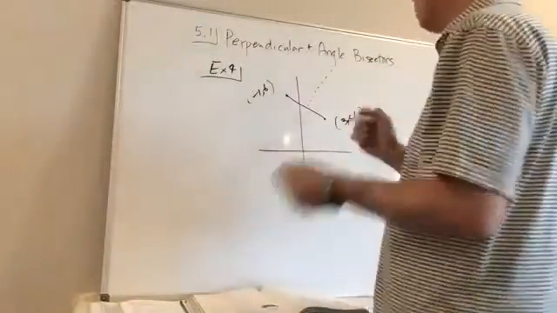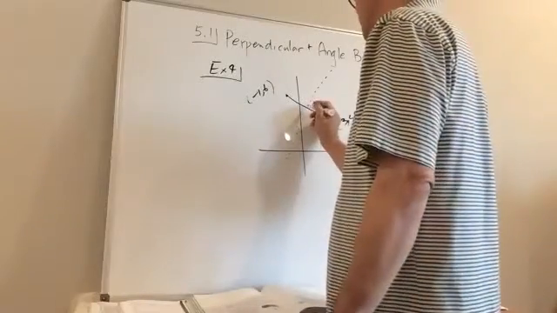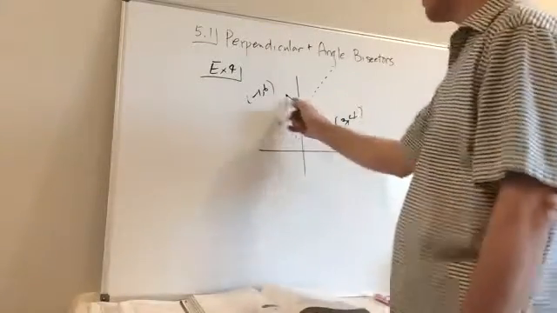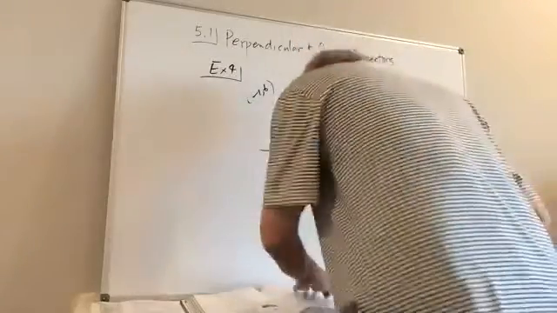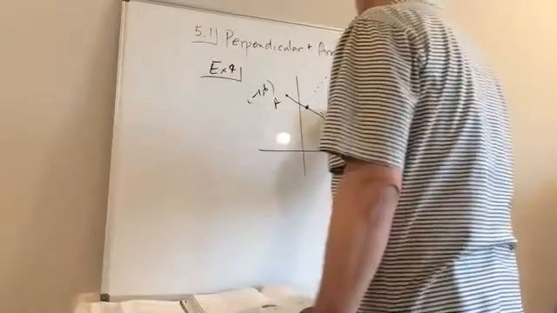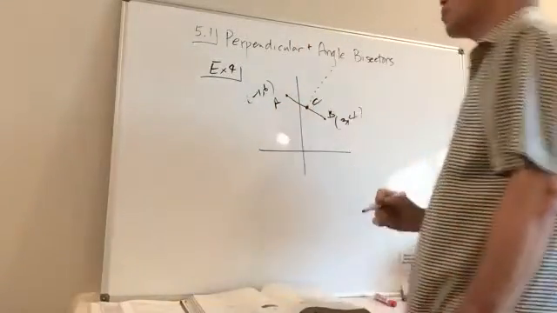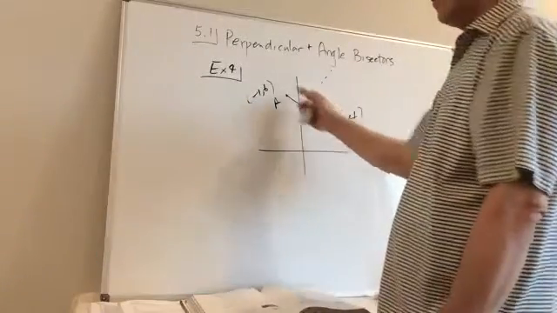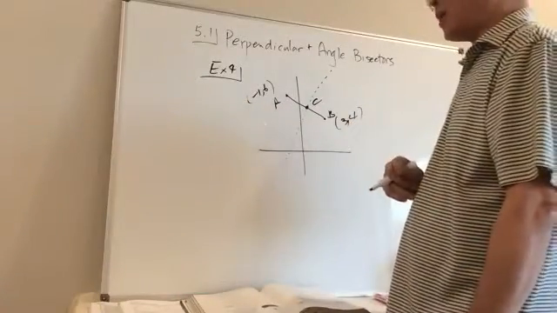First of all, I can find this point here, right? If this was A and B, this point C is nothing more than the midpoint of A and B, right?